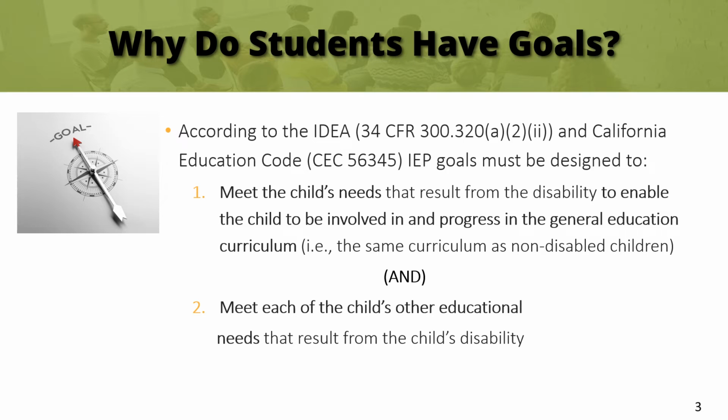According to IDEA, which we discussed in a previous module, and the California Education Code, IEP goals must be designed to meet the child's needs that result from the disability to enable the child to be involved in and progress in the general education curriculum, and meet each of the child's other educational needs that result from the child's disability.